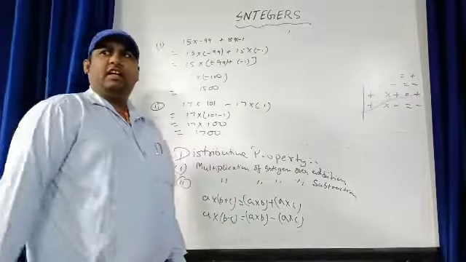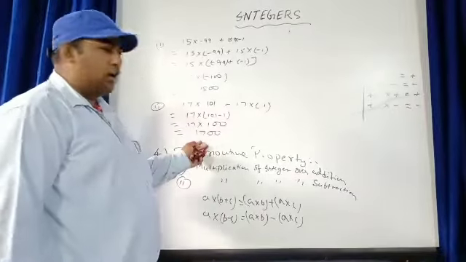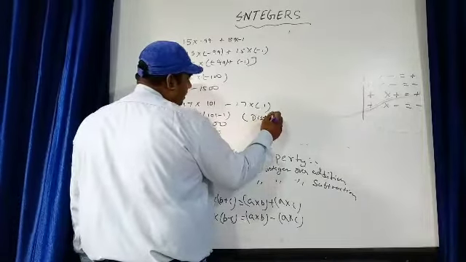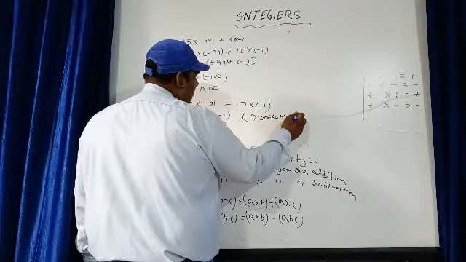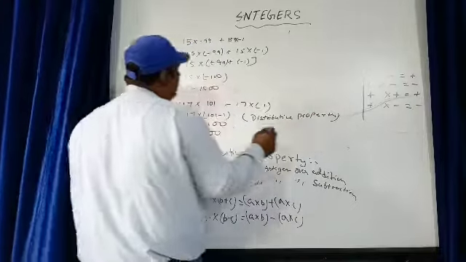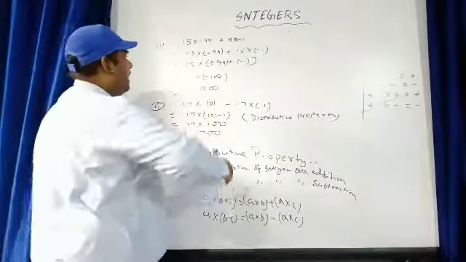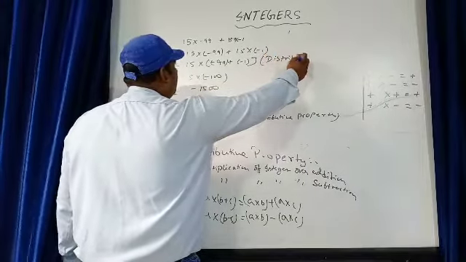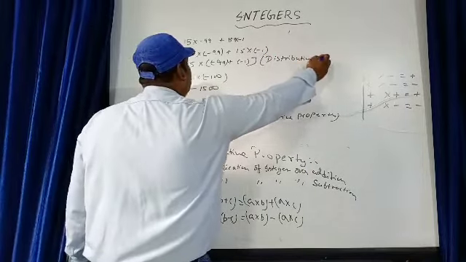Easy? Understood? We have used the law. Only here you write distributive property. What property are you using? You have to write it there. Here also you write according to distributive property.